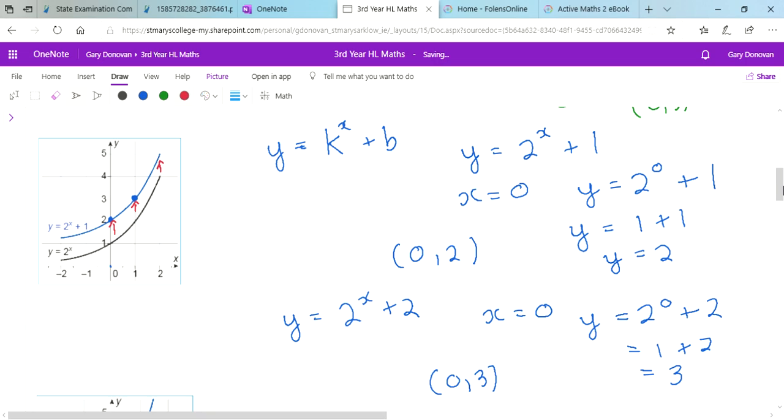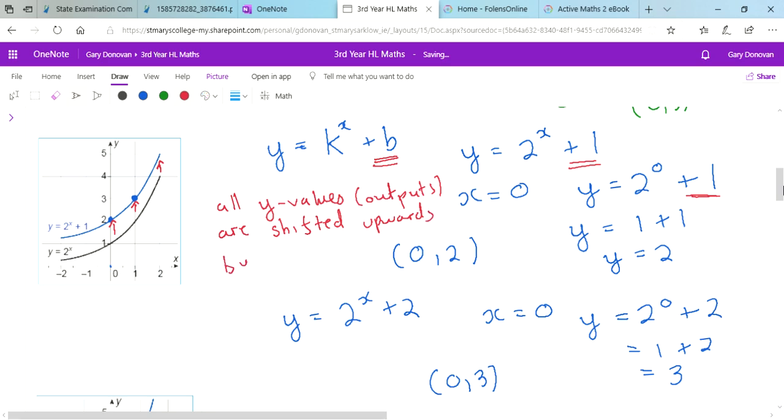So if we have a function and we add a letter here, so it becomes plus b, in this case, if our example is plus 1, all y values, our outputs, are shifted upwards by b.